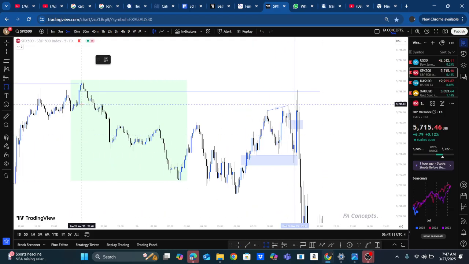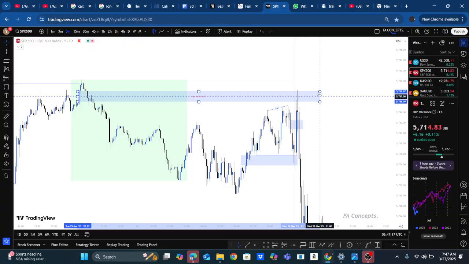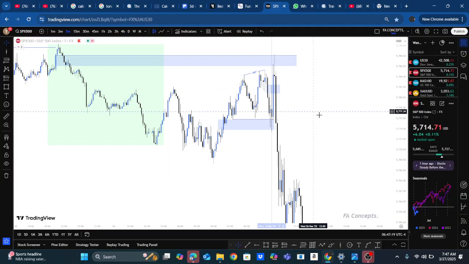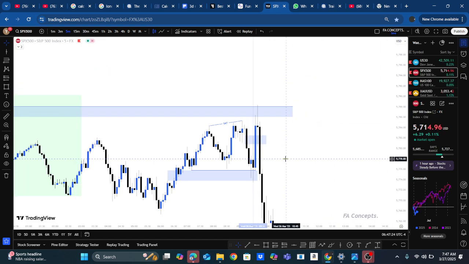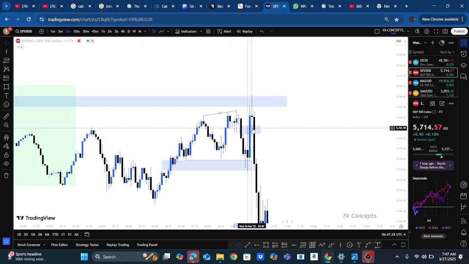We also had this 5-minute inverse imbalance that I was looking into, as you can see, which it tapped very nicely. So I was like, okay, we saw this bearish imbalance get rejected, and then we see price got run through it, right?